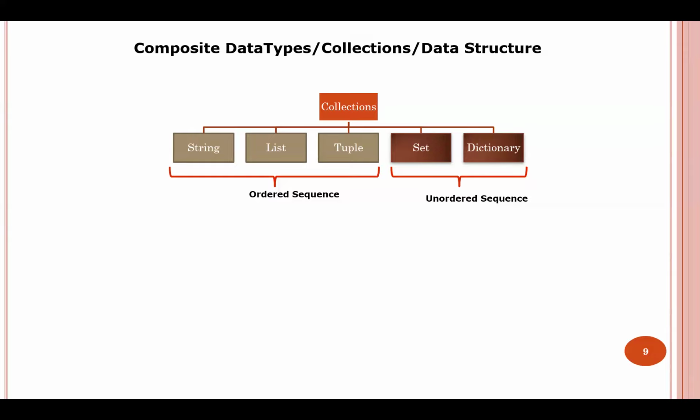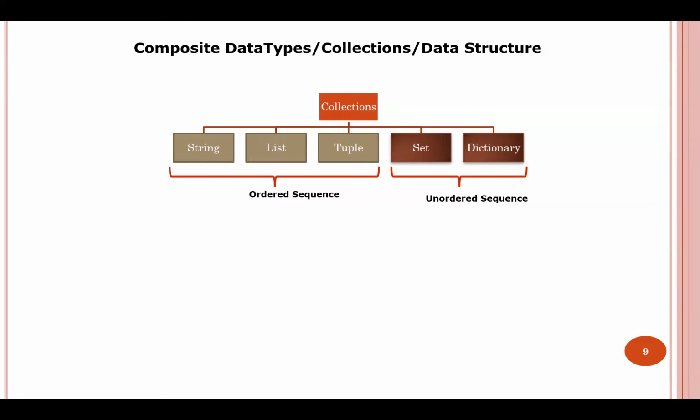The first and most important thing is that all these data types, string, list, tuple, set, and dictionary, are non-primitive data types. We already discussed primitive and non-primitive data types. The second thing is that these are all collection data types.